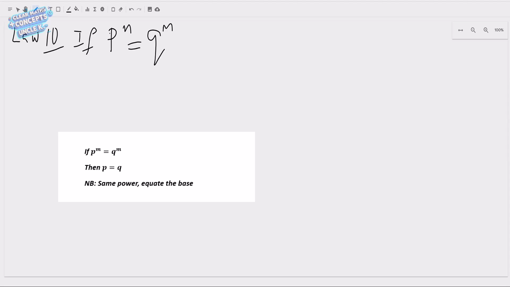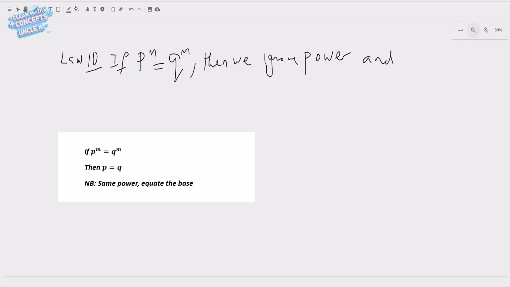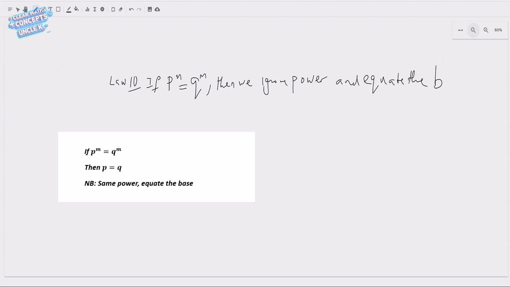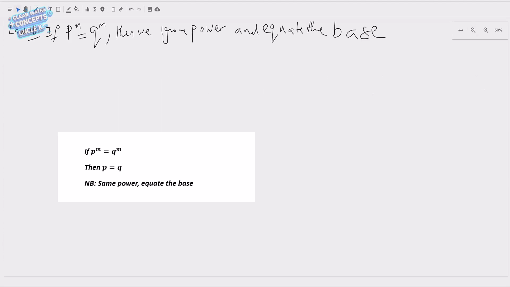So then we ignore the power and equate the base.